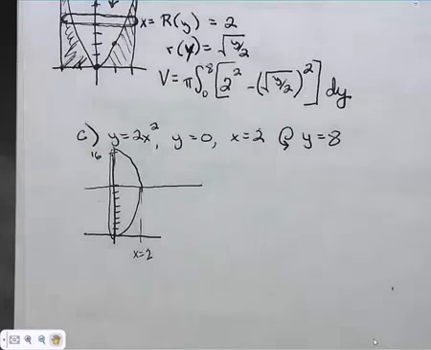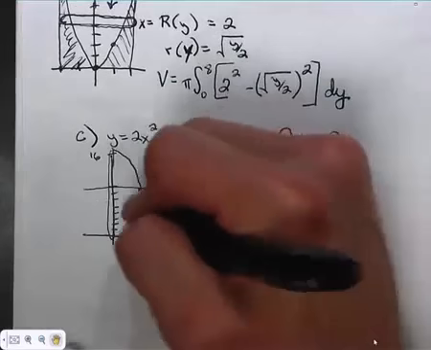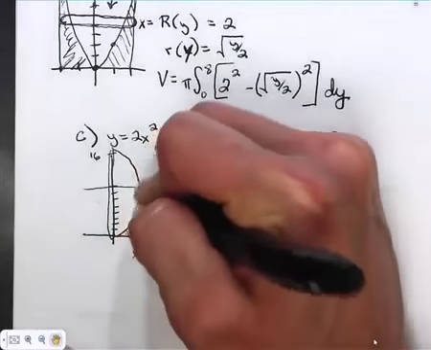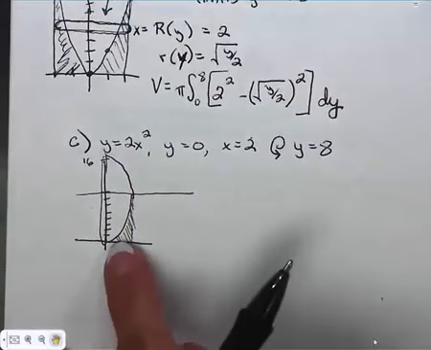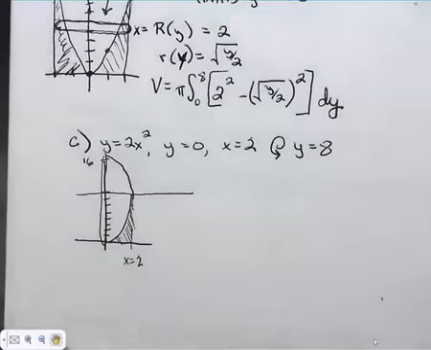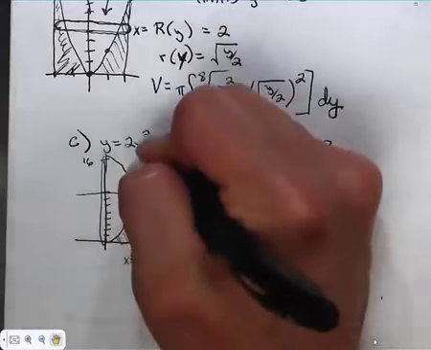If you shade in that region bounded by the parabola at x equals 2, that's what you're trying to rotate around y equals 8. It's the same region as in the last problem. And once I shade that, I can see why this is going to take a washer instead of a disc.